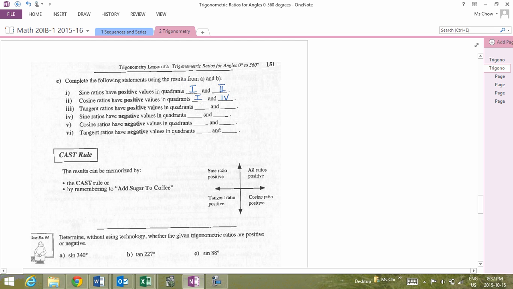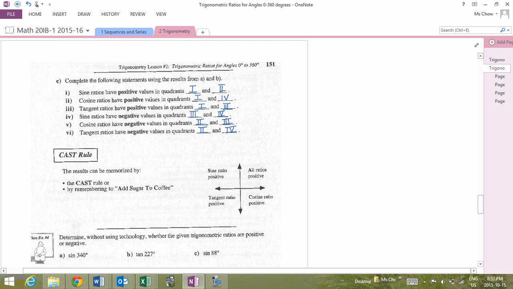Tangent ratios have positive values in quadrant 1 and quadrant 3. Sine ratios have negative values in quadrants 3 and 4. And cosine ratios have negative values in quadrants 2 and 3. And tangent ratios have negative values in quadrants 2 and 4.